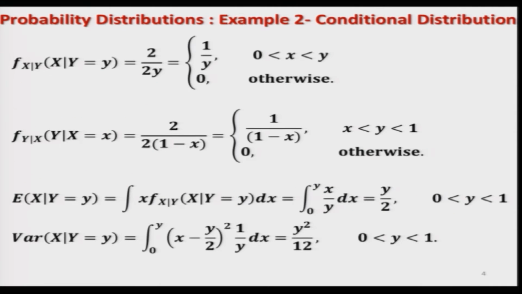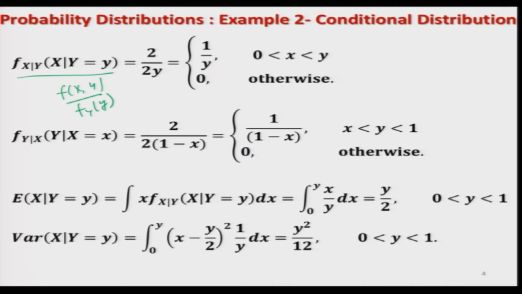Now, I try to find out the conditional probability density function. For that you already have the joint probability density function and the marginal probability density functions. So you can define, for example, the conditional density function of x given y as f of x, y divided by f of y.